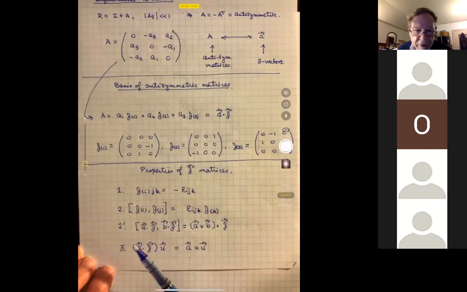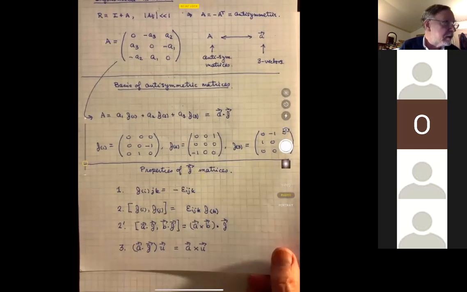There's another identity here, which I started on proving at the end of the hour last time, that if you take an antisymmetric matrix and write it as A dot J and multiply by a vector U, it gives you the same answer as taking the corresponding 3 vector and forming the cross product with U. So this is an important property that's quite useful for converting cross products into matrix notation, which is oftentimes a useful thing to do.